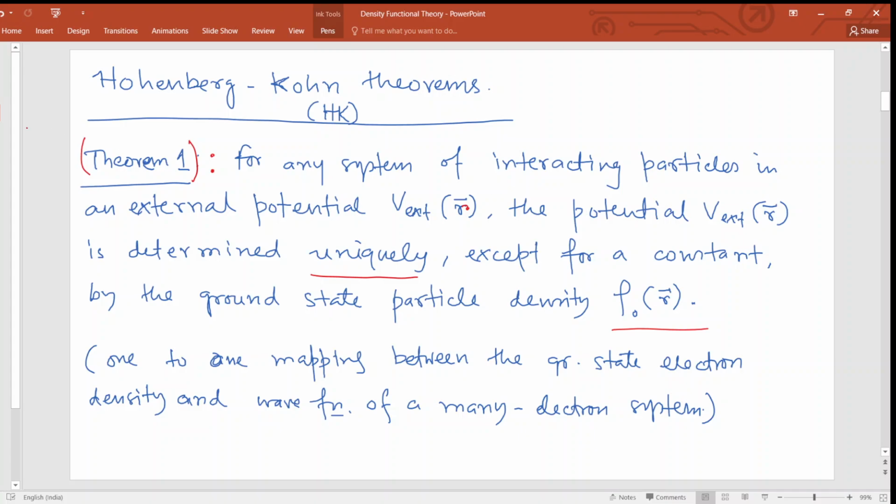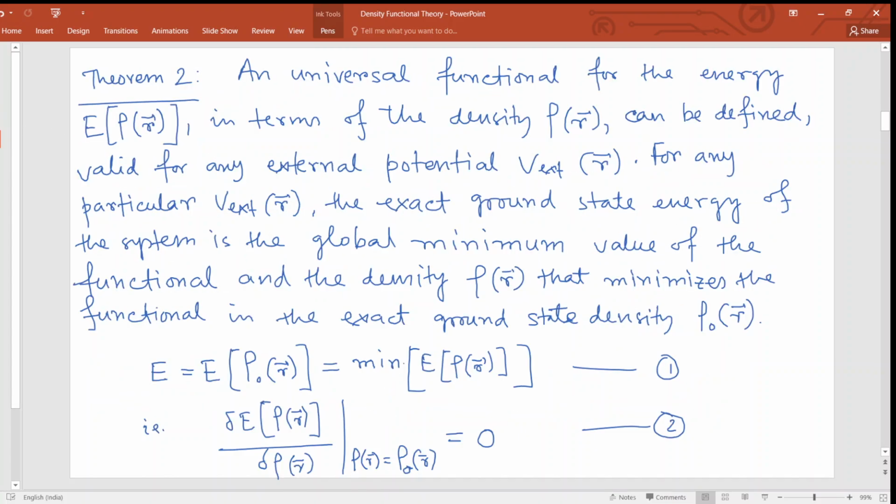Okay, now let us look at the second theorem. So here it says that a universal functional for the energy, that is E, which is a function of rho, exists, or let's say it has to be defined in terms of the density rho r, and it has to be valid for any external potential V external.